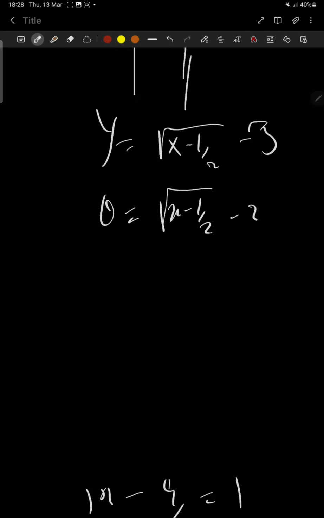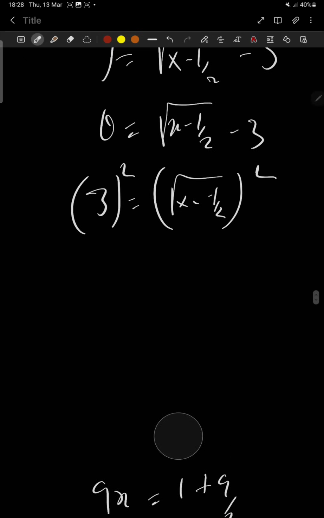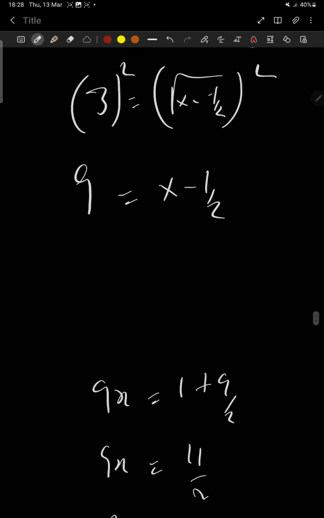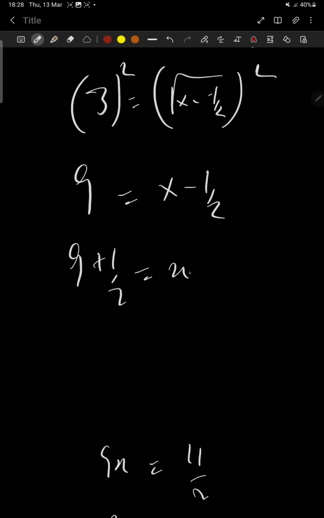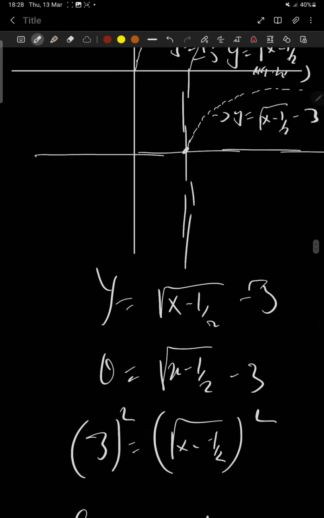Take the 3 this side, then square both sides. We're going to have 9 equals x minus half. Take the negative half this side, then this will be 19 over 2. So it will cut at 19 over 2.